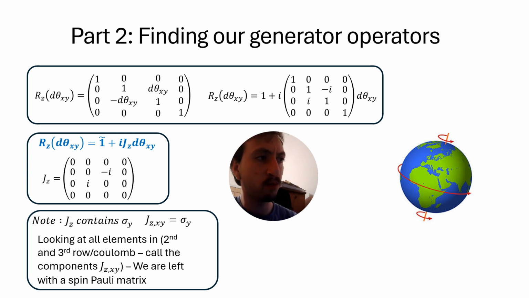It's telling us, well, good, we've got a generator which is going to be Hermitian, because the significant part is built out of Pauli matrices which are Hermitian. And that's good because it tells us that we can describe rotations in terms of these generators, where these generators are Hermitian matrices.